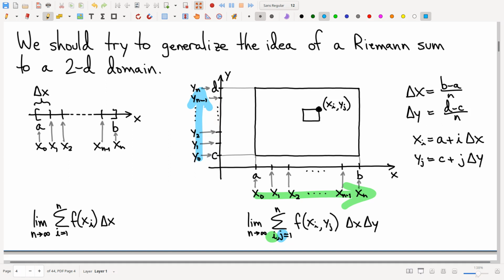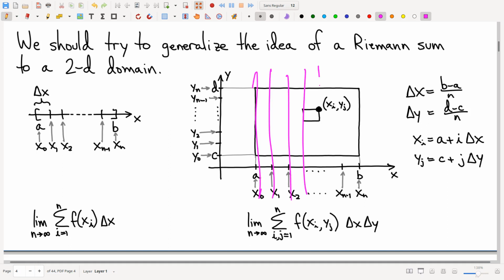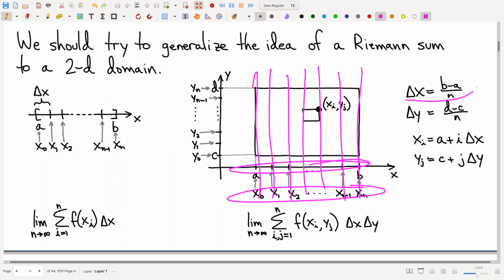Okay, there's a bunch of little details to be worried about. In this slicing process, as you slice perpendicular to the x-axis, notice you are also literally slicing up the x-axis, and all of that discussion goes all the way back to single variable calculus: delta x is b minus a over n, x sub i is a plus i delta x.